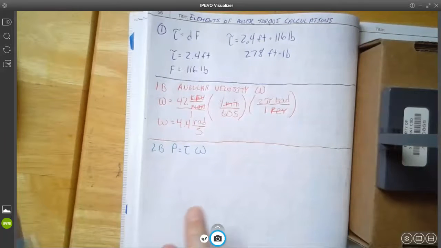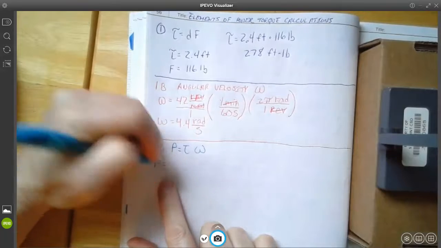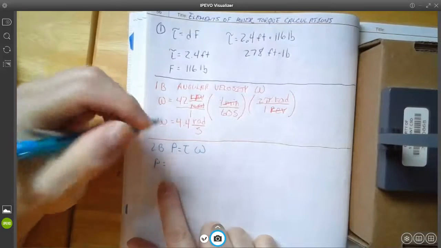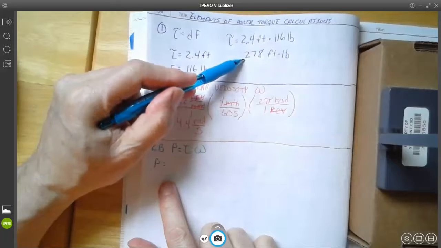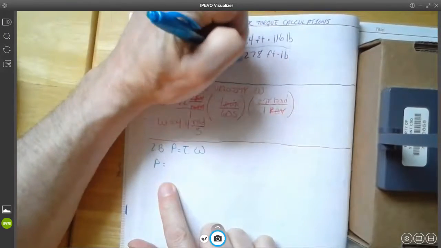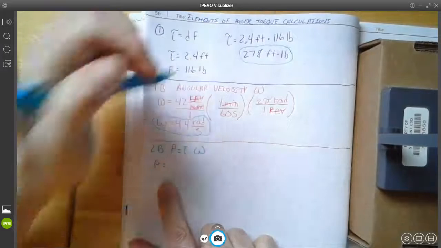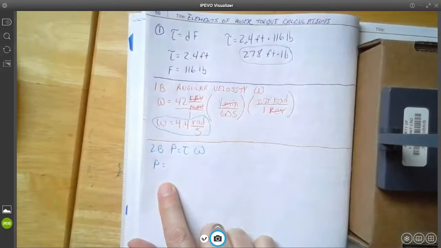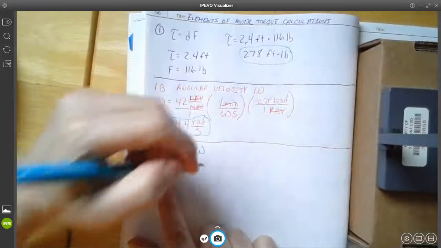So power, I'll write this down here, is going to be equal to the 278 foot-pounds. I'll circle that just so we know where it is. Circle this one too, because those are the numbers we're going to use. So our torque is 278 foot-pounds.